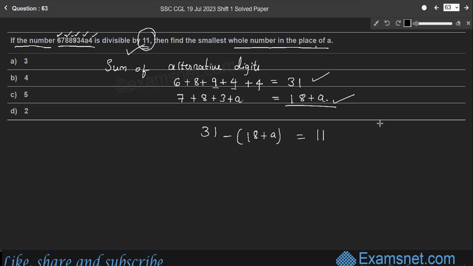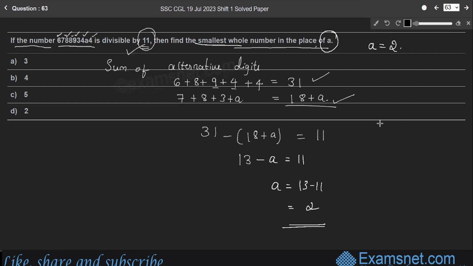So 31 minus 18 is 13, minus A is equal to 11. Therefore, the value of A is 13 minus 11, which is 2. The smallest value of A is 2.